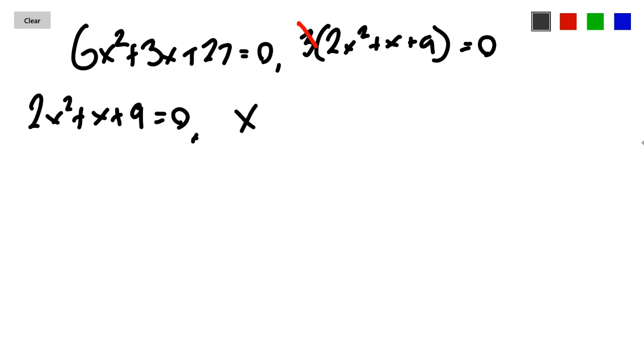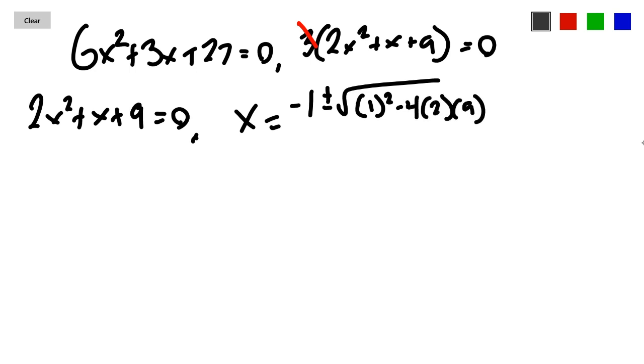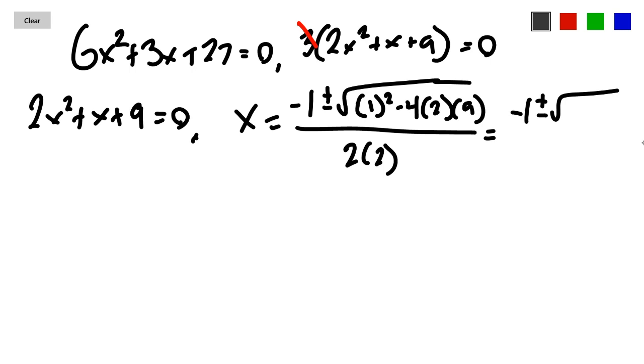So I have x is equal to negative 1 plus or minus the square root of 1 squared minus 4 times 2 times 9, divided by 2 times 2. And then crunching the numbers a little bit, I have negative 1 plus or minus the square root of 1 minus 72, divided by 4. So 1 minus 72 gives me negative 71.